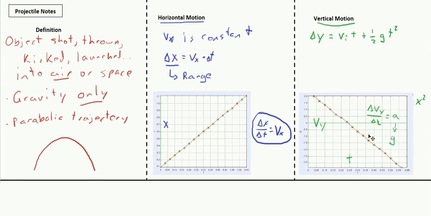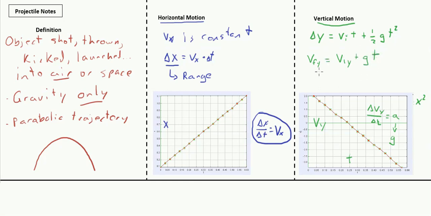We have a negative slope here, it's constant. So with our accelerated motion, we use the same equation that we used in free fall. Our final velocity in the y direction equals our initial velocity in the y direction plus acceleration due to gravity times time.